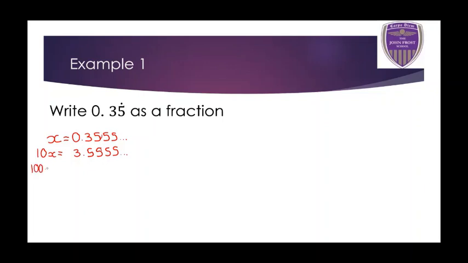So if I use 100x, if I multiply it by 10, move the numbers along one place value, I have 35.5555. Now, normally in the last lesson, we always used x, and we either used 10x or 100x or sometimes even 1000x.